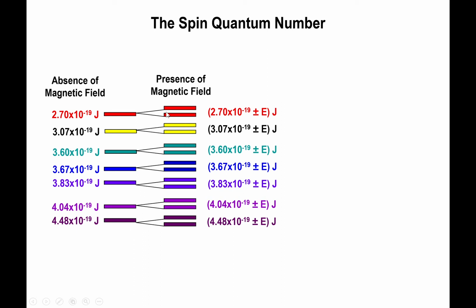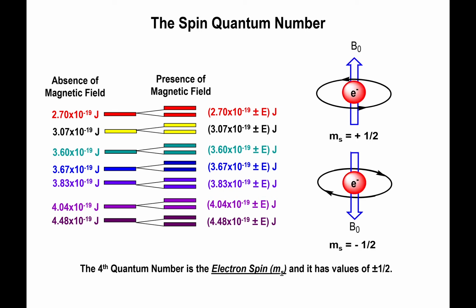And if you compare it to where the original source of light was present, there was actually a plus or minus amount of energy from the original point to the higher and lower point for each one of these individual rays of light. And the only way to explain this particular intricate experimental observation was that because there's magnetic fields, there has to be a magnetic interaction that is also being affected by the magnetic field applied to the element.